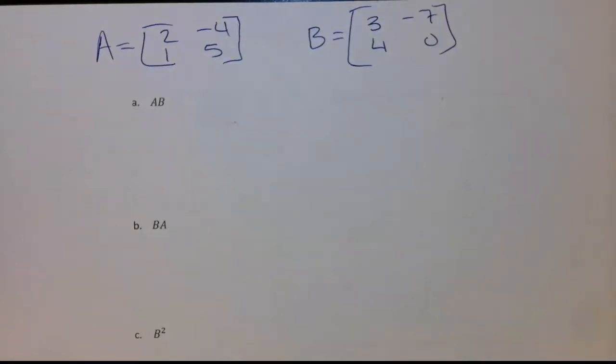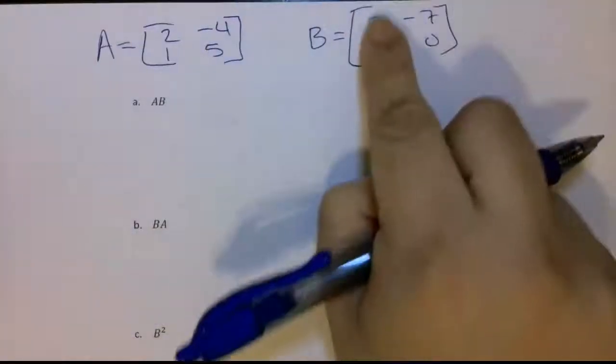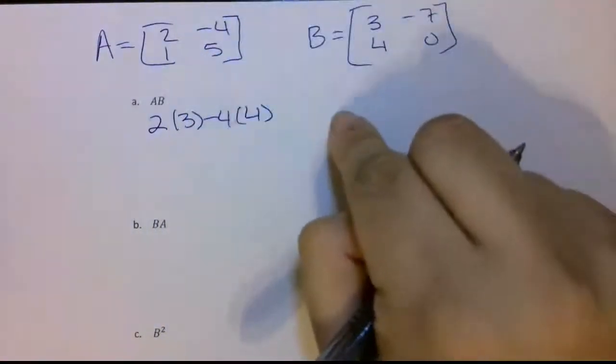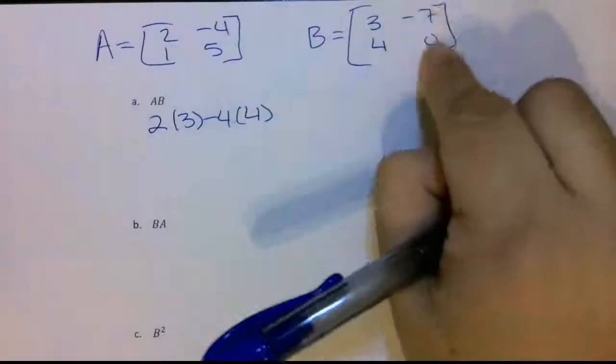My first one wants me to do matrix multiplication between A and B. So it means I am going to take my rows of A and multiply with my columns of B. So I have 2 times 3 minus 4 times 4. Then for the second position, I have this row with this column.